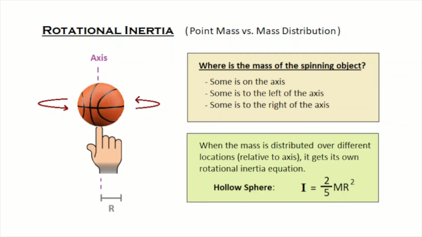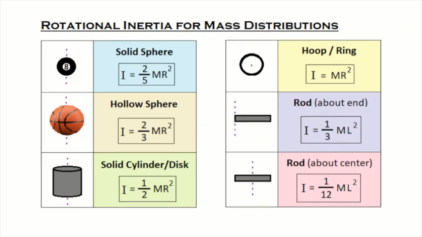So when the mass is distributed over different locations relative to the axis, it's known as a mass distribution, and it gets its own rotational inertia equation relative to the shape of the object. On this slide, I'm just showing 6 of the more common mass distributions you might see, and also their respective inertia equations. You might want to pause the video here and add these to your notes.